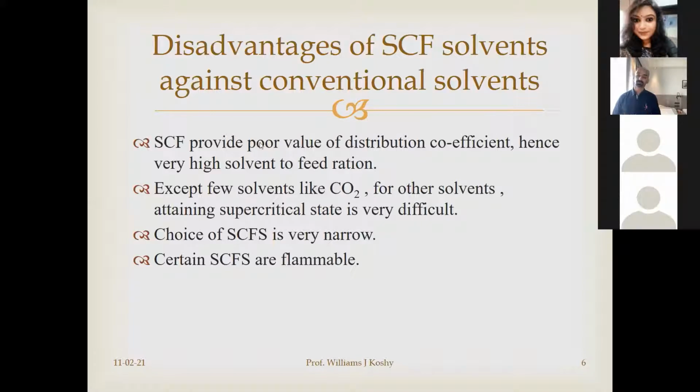Okay, again certain supercritical fluid solvents they are flammable. इसको specifically एक disadvantage कहना मुश्किल है, because when we are talking of normal conventional solvents also, they are also flammable. Many of them are flammable, many of them are toxic.